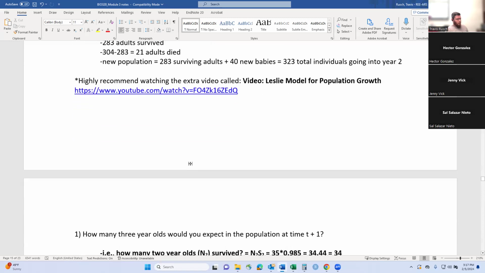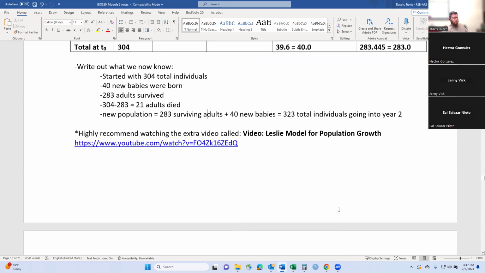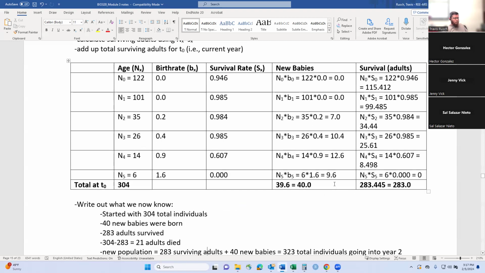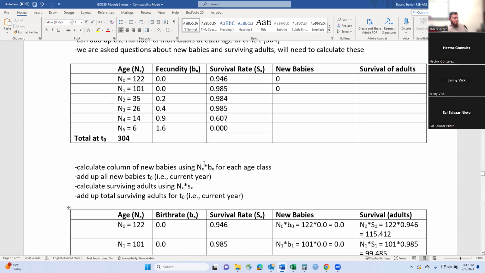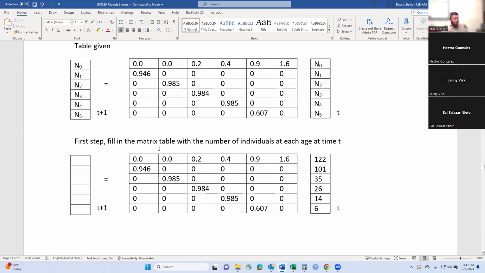Okay, so now, if we have a question, go ahead. Since you're solving for n of x at t plus 1, would that be the survivable rate? If you go back to the matrix table and we're solving for n of x at t plus 1, would that be how many of them have survived, individually?